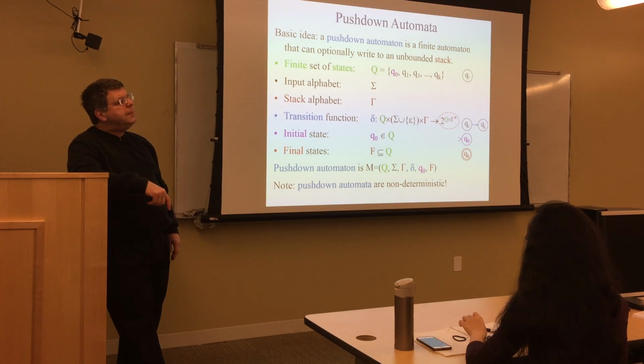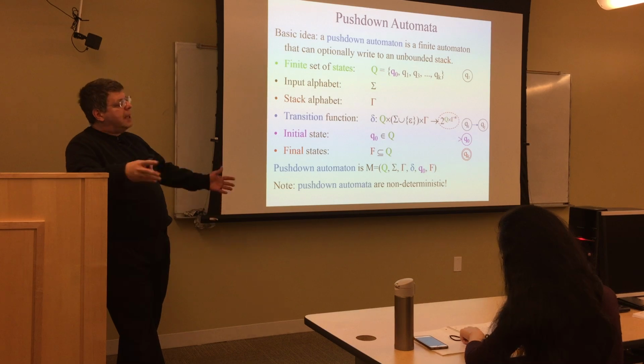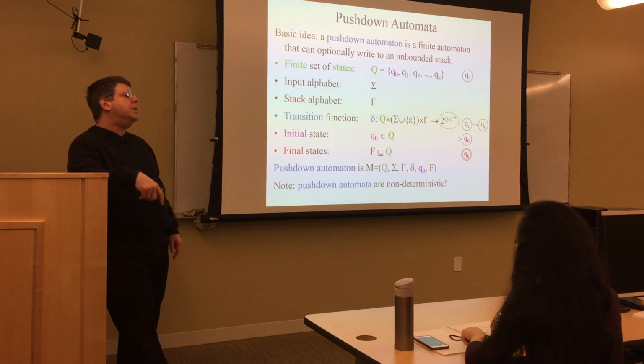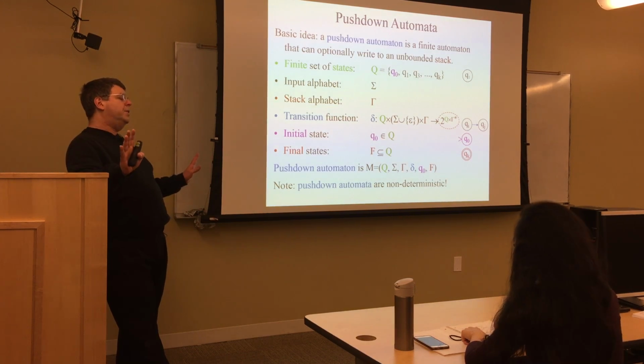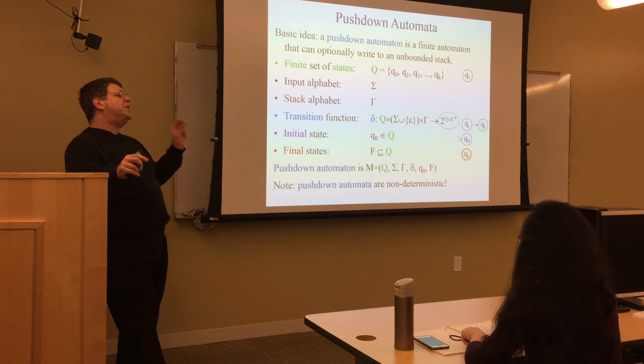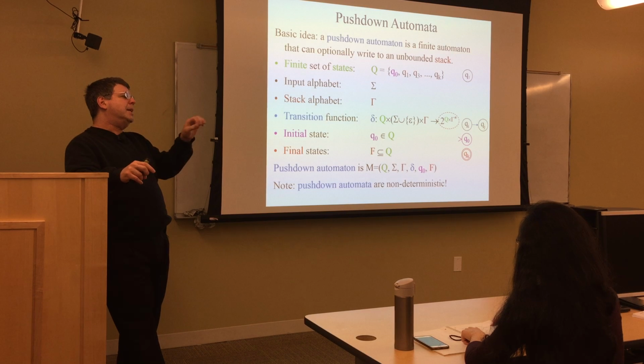Is the deterministic pushdown automata, the language generated by that, is there a difference between those and the general ones? Yeah, it's a subset of the general languages generated by non-determinism. It's called deterministic context-free languages, as opposed to context-free languages in general, which may include non-deterministic ones. So for example, 0 to the n, 1 to the n is a deterministic context-free language.